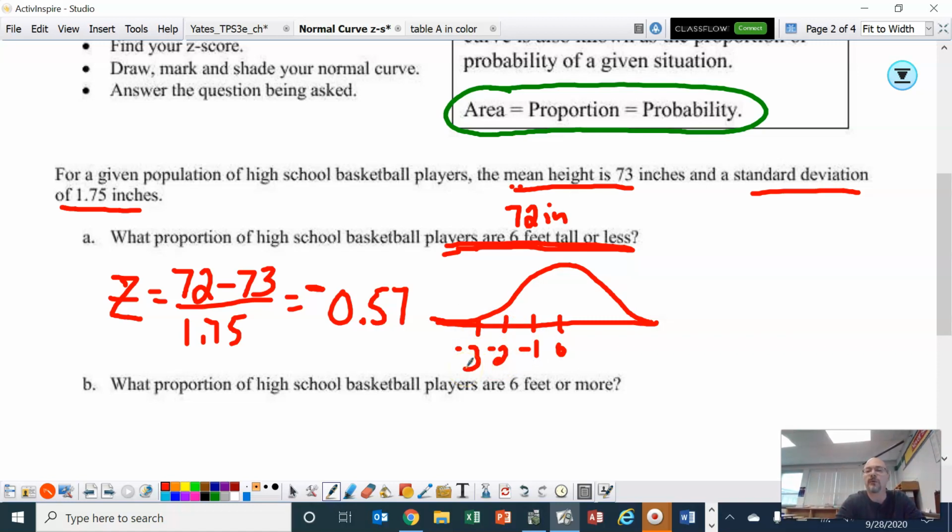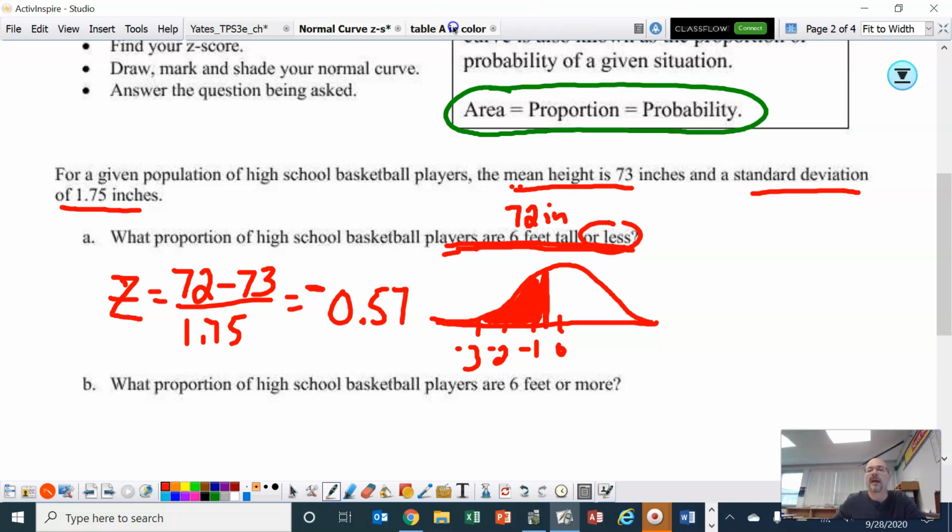So -0.57 is going to be roughly right about there. I'm going to mark that spot as -0.57. I don't have a lot of room, but I should physically write that in there. Now, it says or less, so I'm going to shade this to the left, because it's less.